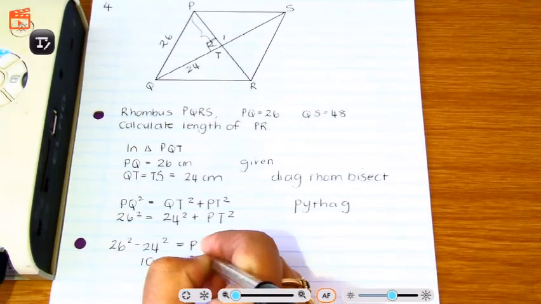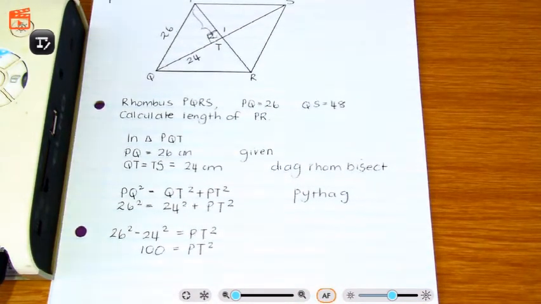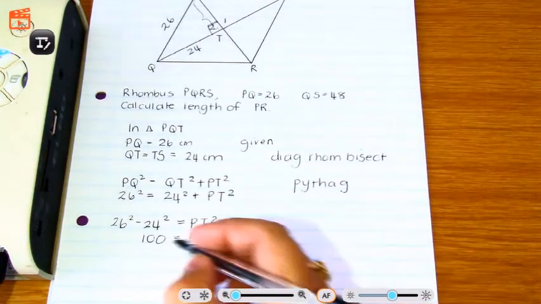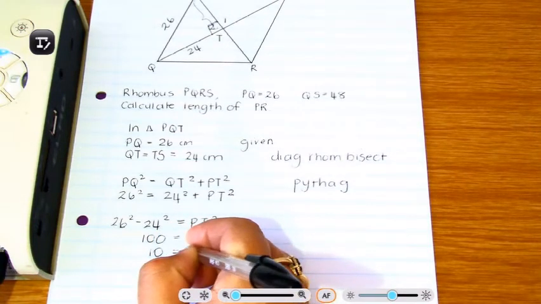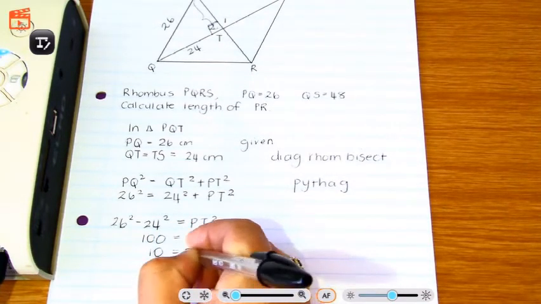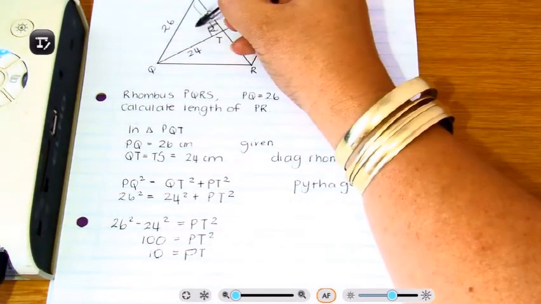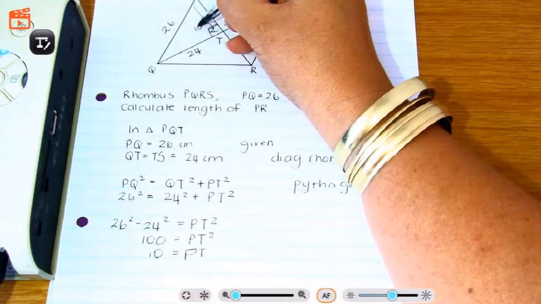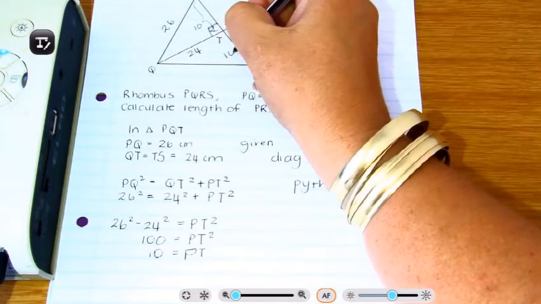But we want PT, we don't want PT squared. So I'm now going to square root both sides, and you can see that PT is equal to 10 centimeters. Okay, so that means if this side here is equal to 10 centimeters, it means that this is also equal to 10 centimeters.